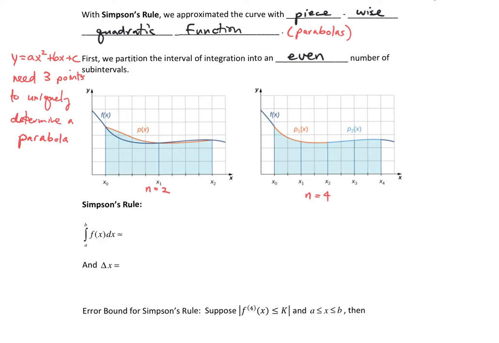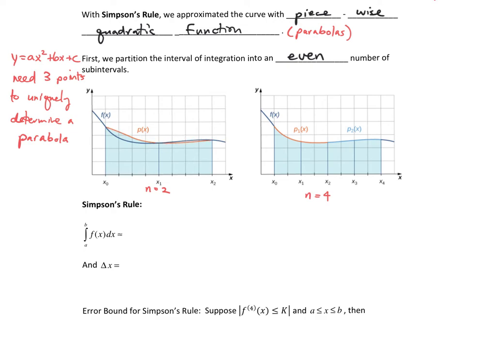So you need 2 unique points to determine a line. For a parabola, you need 3 unique points. When we have 2 subintervals, that allows us to have 3 endpoints.